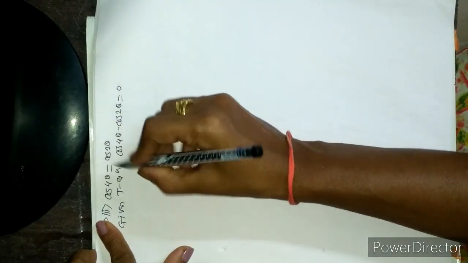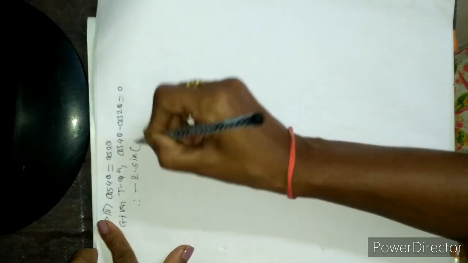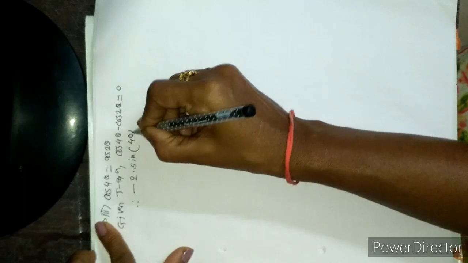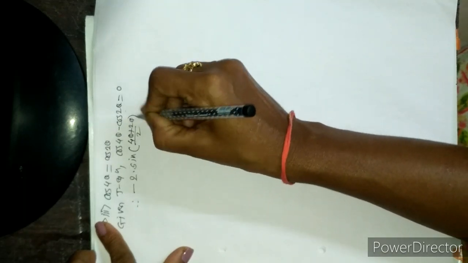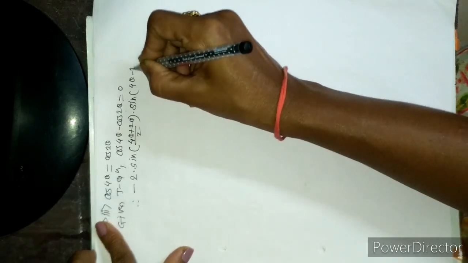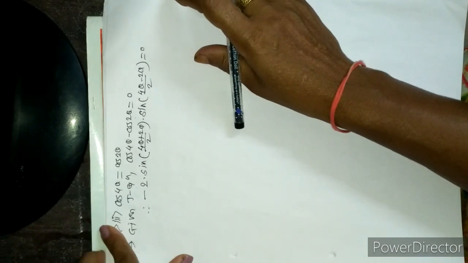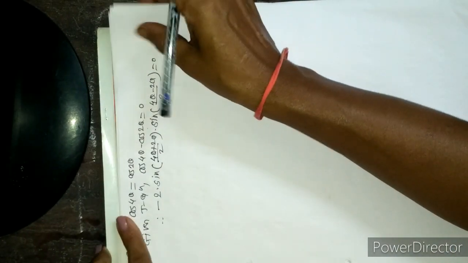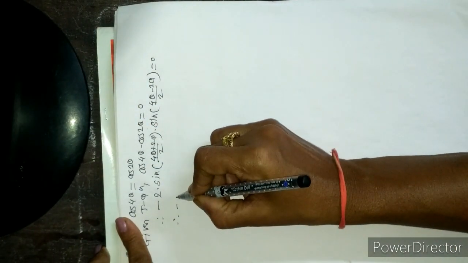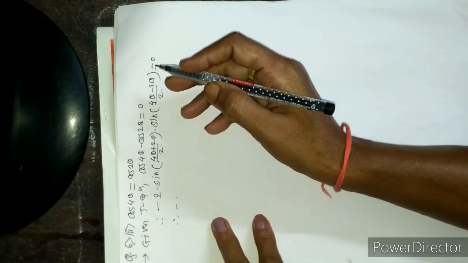Using the factorization formula, cos C minus cos D, we get minus 2 times sine of (C plus D) upon 2, that is (4 theta plus 2 theta) upon 2, into sine of (4 theta minus 2 theta) upon 2, and that product is equal to 0. We can shift this minus 2 to the right side and it becomes 0.